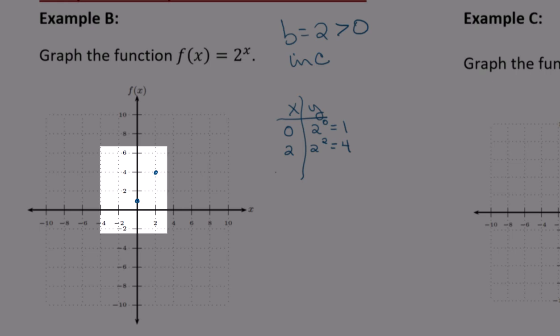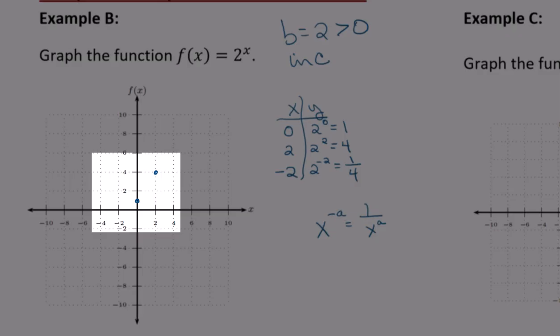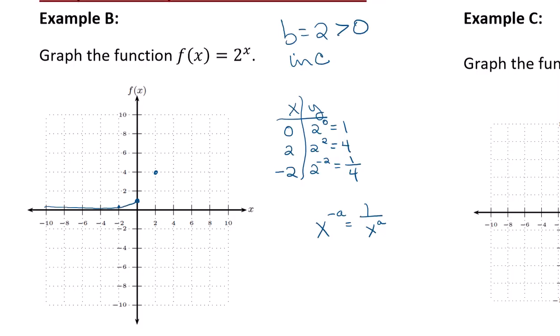Let's go ahead and plug in -2. Remember, negative exponents means reciprocal. So an exponent of -2 means we're at 1/4. So -2 and 1/4 would be right there. So our graph looks something like this.